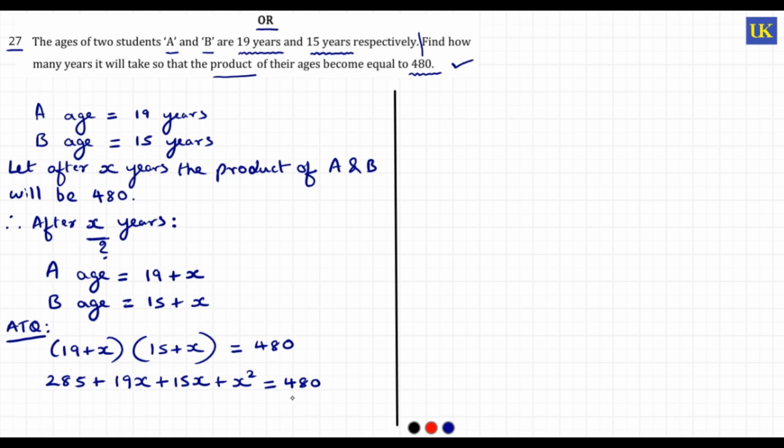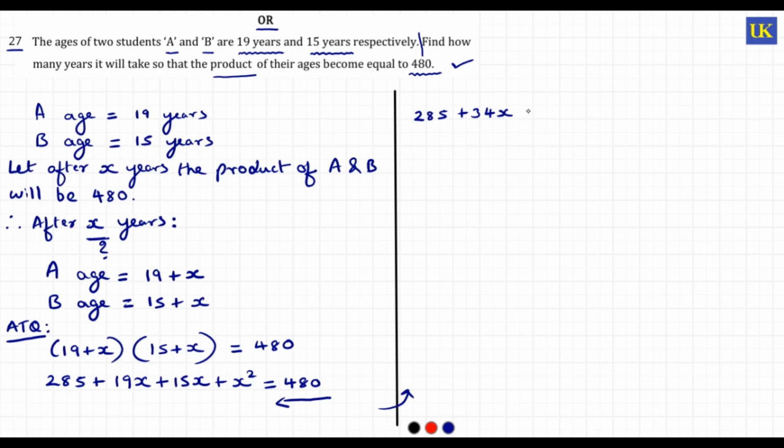Now I'll send this 480 to the other side. I'll solve it here. So this will become 285, and I can add these two things, 19X and 15X. So this will become plus 34X.